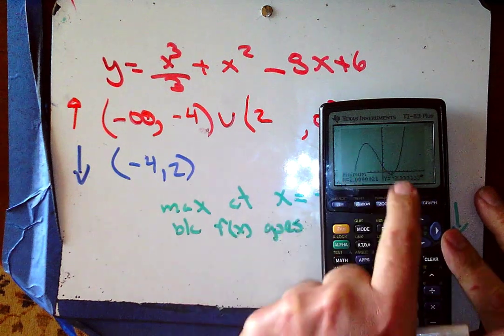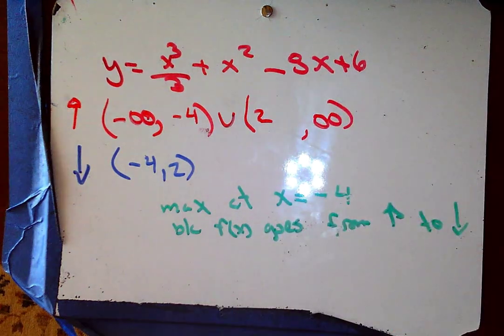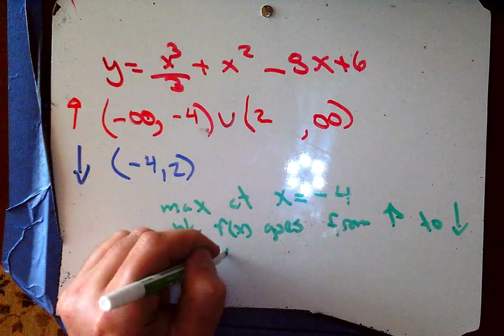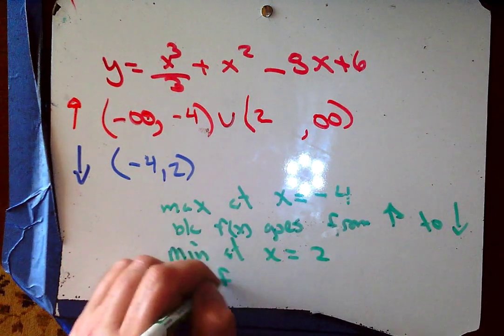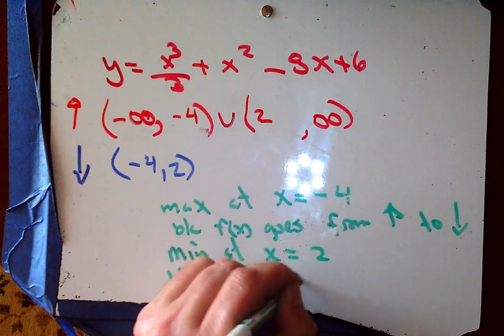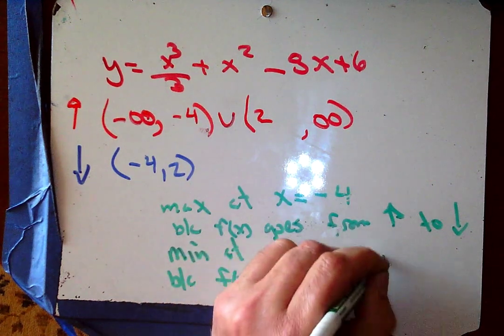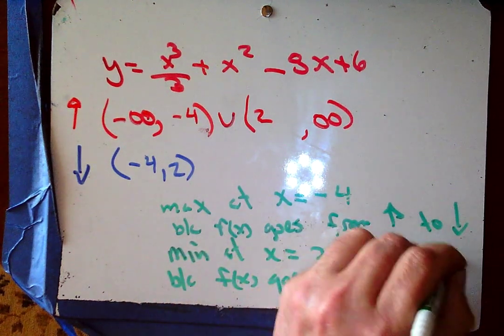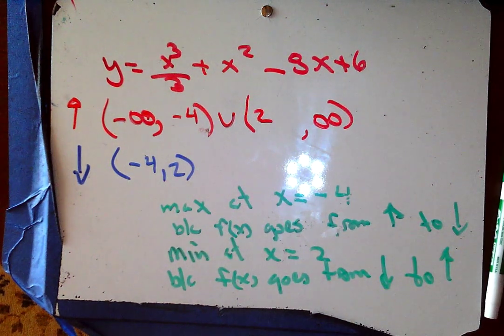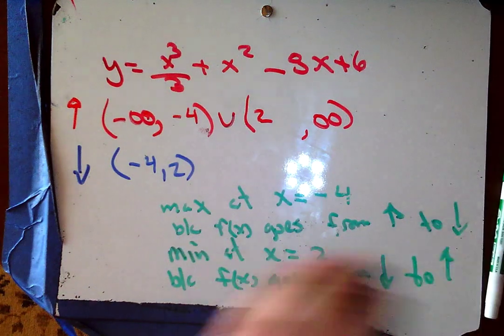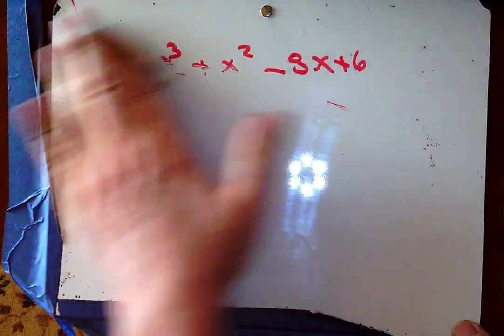I see the function is decreasing and then increasing. So there's a min at x equals 2 because f goes from decreasing to increasing there. Okie doke. Excellent. So, how about you try this one?